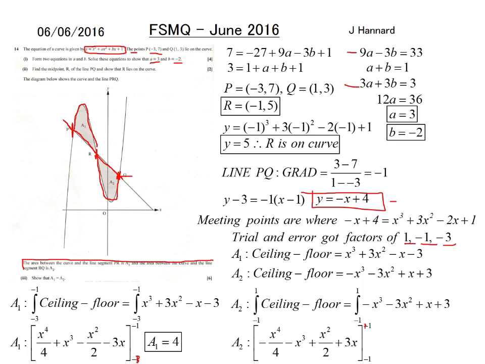Put a 1 through, put a minus 1 through, and I promise you, you get 4. And I was so happy when I saw that, because A1 equals A2, and I got myself another 6 marks. But that is that for the June 2016 FSMQ paper.